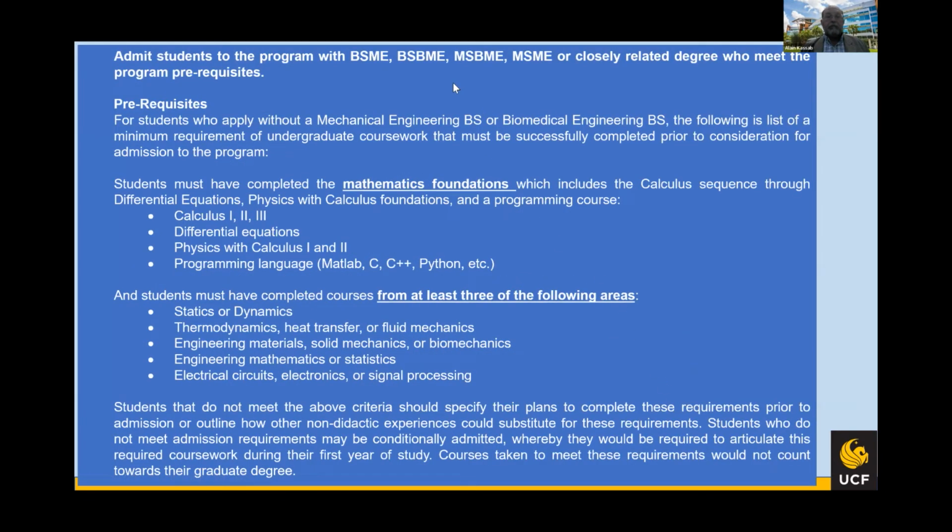We admit students that have a bachelor's in mechanical, a bachelor's in BME, a master's in BME, or a master's in mechanical, or a closely related discipline who meet the program prerequisites, which are listed here. So we expect all of our students to have taken the math sequence through differential equations and additionally a programming language, and students to have picked at least 3 of the following areas in terms of their background.